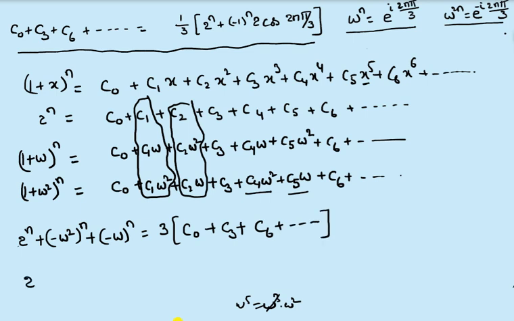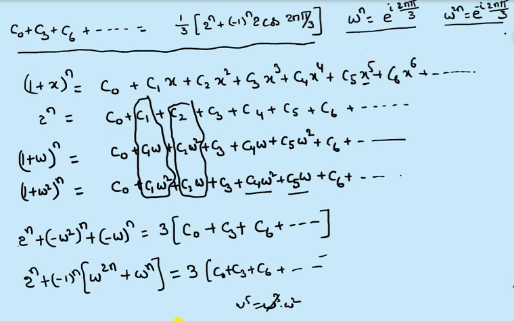Now this can be written as 2 to the power of n plus, take common, then we will get omega power 2n plus omega power n, which is equal to 3 times c0 plus c3 plus c6 and so on, right?